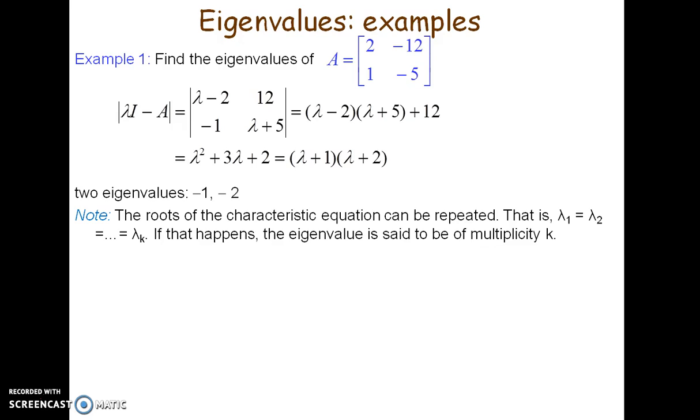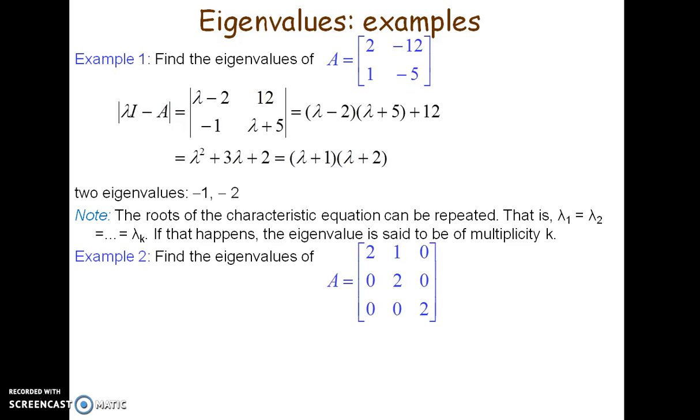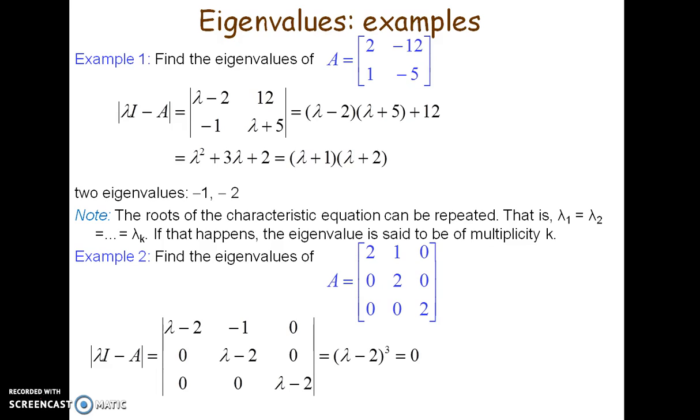Note: the roots of the characteristic equation can be repeated, that is lambda 1 equal to lambda 2 and so on up to lambda k. If that happens, the eigenvalue is said to have multiplicity k. Example: find the eigenvalues of A equal to [2, 1, 0; 0, 2, 0; 0, 0, 2].